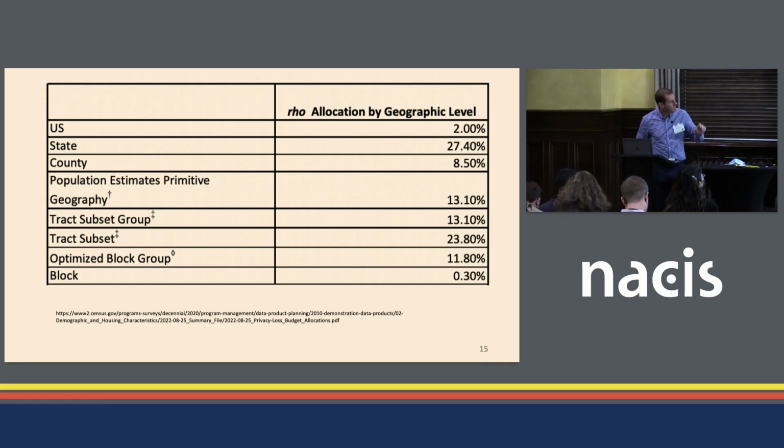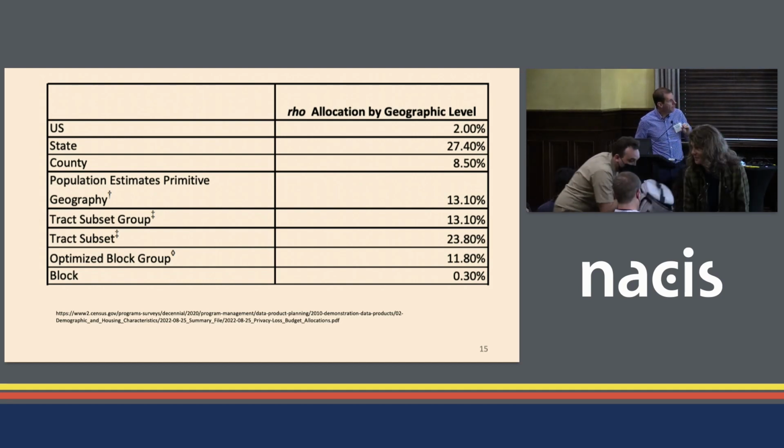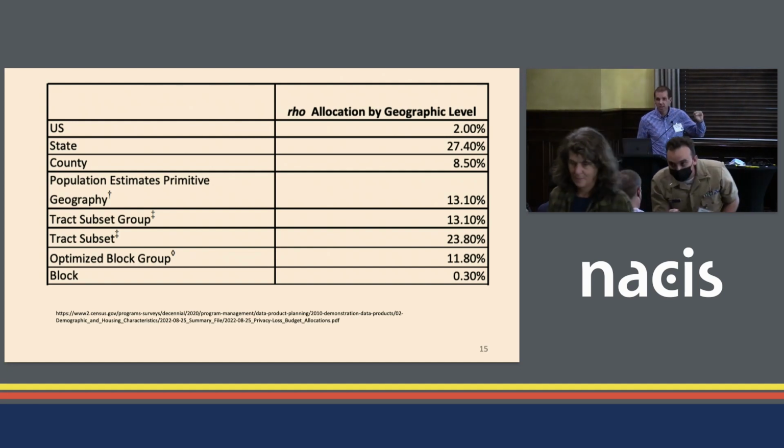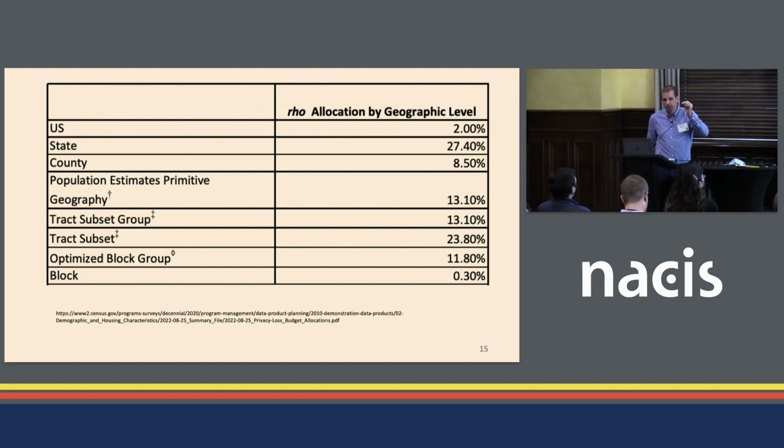So this is the allocation that the Bureau has decided upon for a recent demonstration data product that came out. And essentially, the way to interpret these fractions is the larger the percentage, the more accurate those statistics are. The lower the percentage, the less accurate those are going to be.